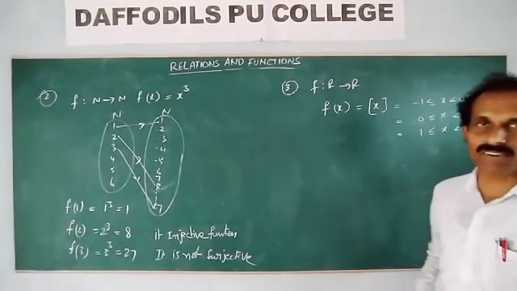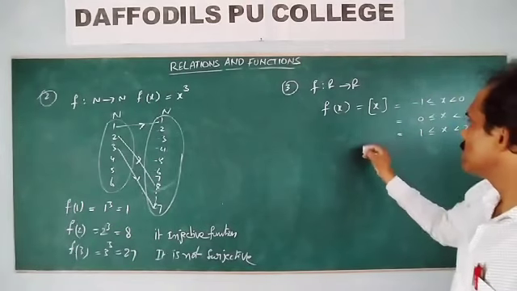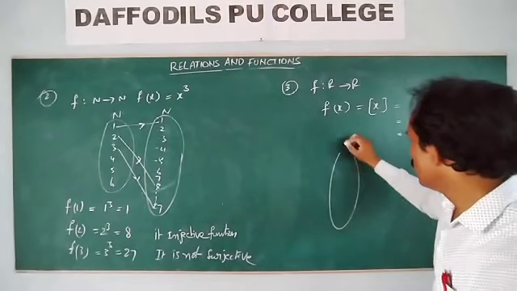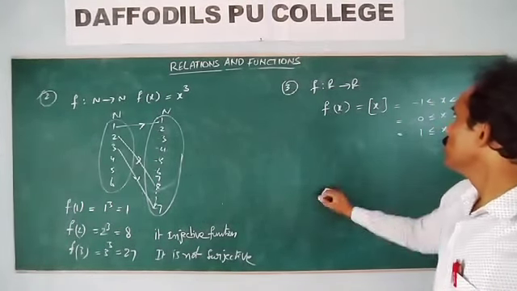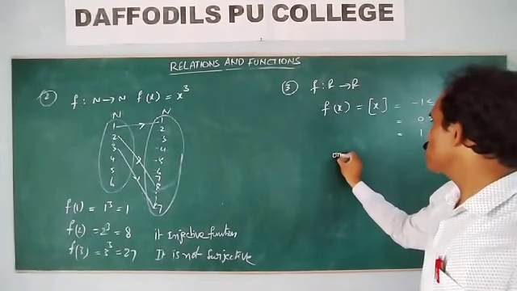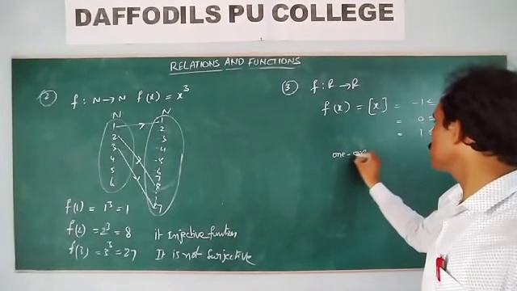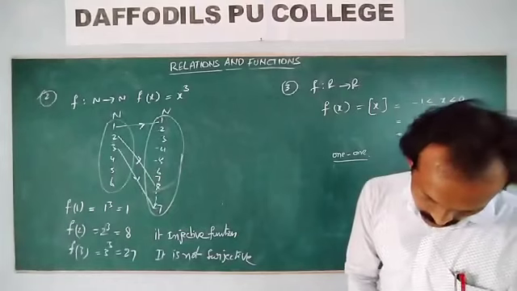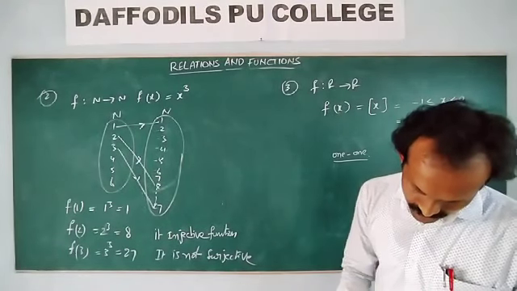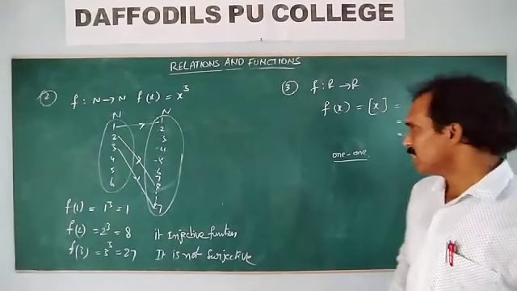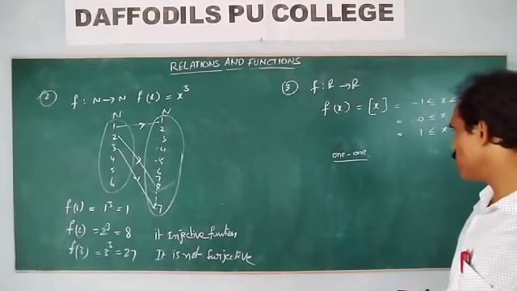This is the greatest integer function definition. They ask to prove that the greatest integer function is neither one-one nor onto.